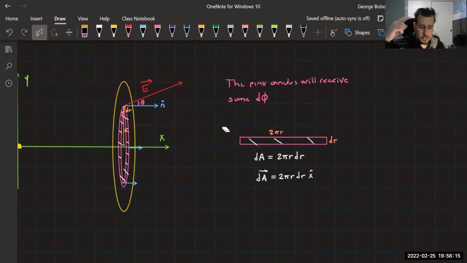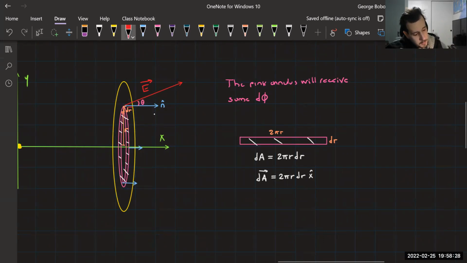So let me ask you something. What component of the electric field do you believe contributes to flux here? Because we have two components. If you use this normal, we have two components to the electric field. You got this one right here that I'm drawing, right? You got this one right there. And I want to know, which one does Kelly believe will contribute here to the flux?